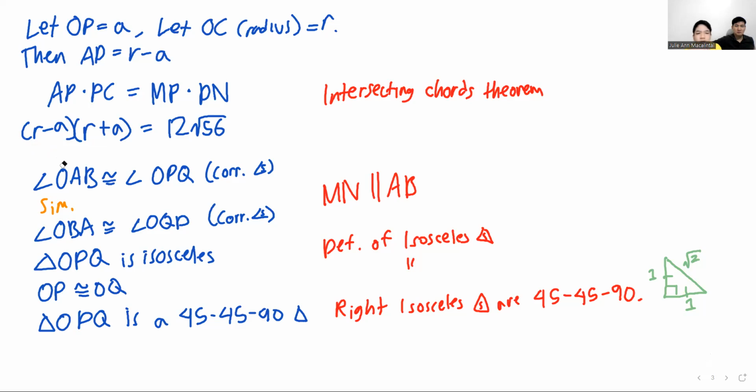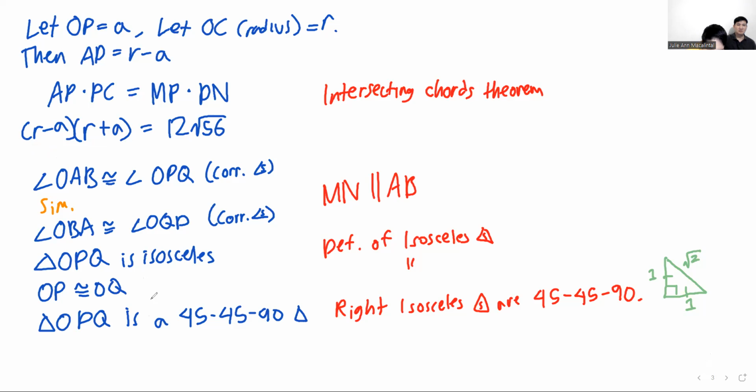If we can evaluate one of them, since R is what we are looking for, we can find A more easily, and then we will find R that way. A is equal to OP.